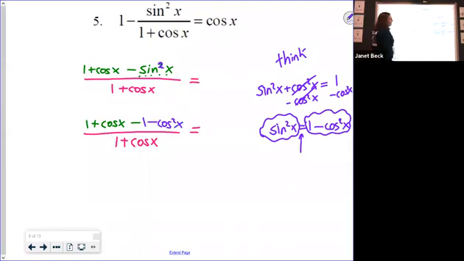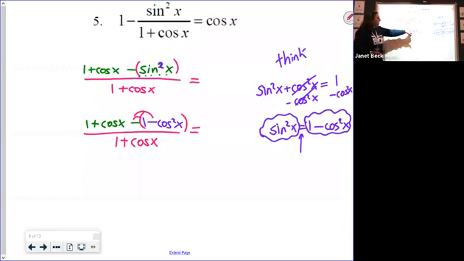Now, I've made a fatal error there. I can't get the question right now. Can anyone see what it is that I've just done that's wrong? What I've done wrong is I was supposed to subtract all of this. So when I'm subtracting, I have to distribute that negative. I'm not just subtracting the 1, I'm subtracting all of it.